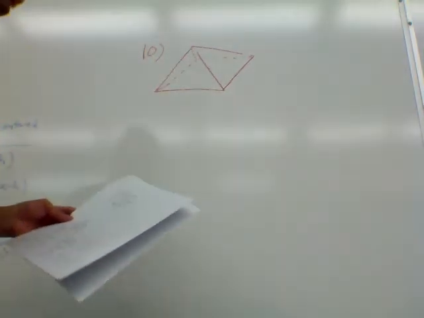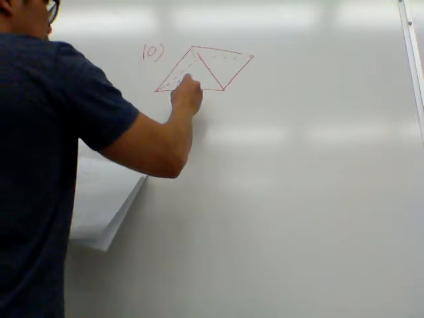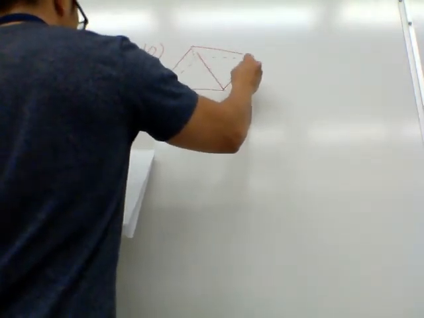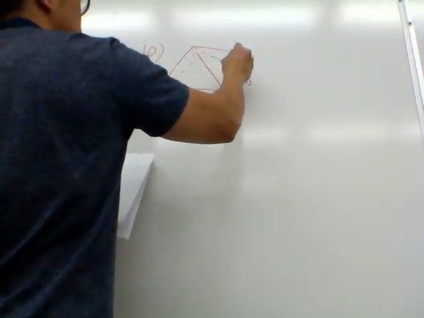Okay, so we have a square pyramid that has 10, 10, and the slant height is 13.